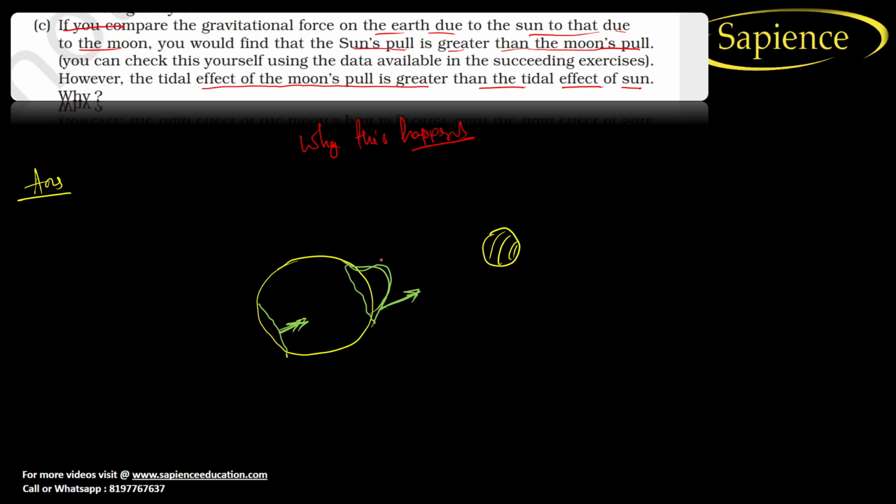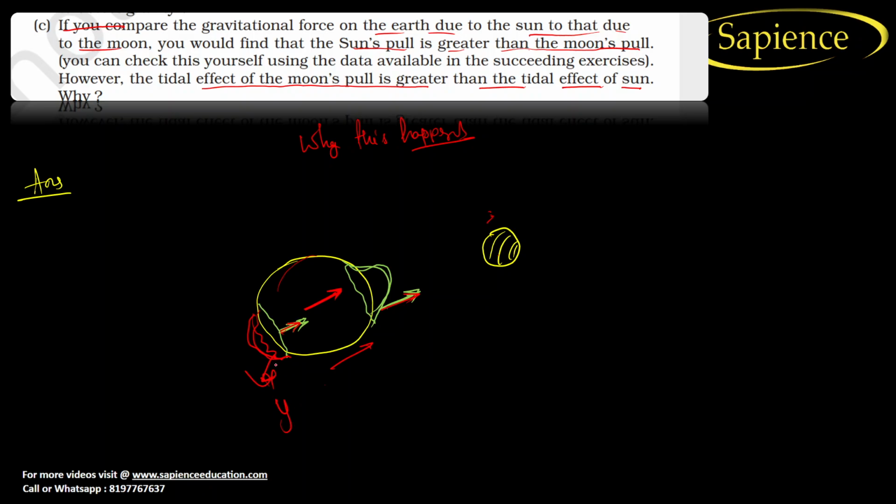At the same time, the average pull on the Earth is very high. So the Earth is trying to move forward, and the force due to the Moon is very small as compared to this portion. So what we will see is that the Earth is moving very fast, but the water remaining at this point will remain at the same position. So what will happen?